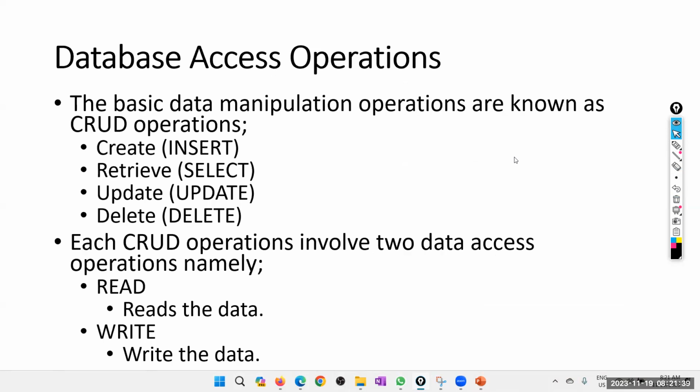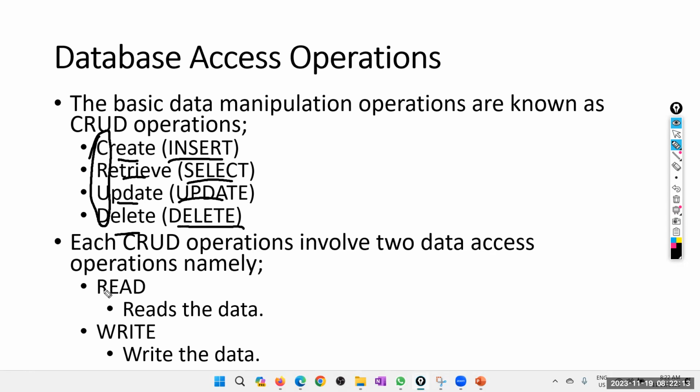Right. So now let's look at what the database access operations are. You know from your semester 2 that there are 4 main operations in a database that SQL supports. That is insert, update, delete, and select. In SQL terms, we call it insert, select, update, and delete. But in general terms, we say create, retrieve, update, delete, or we call it CRUD operations.